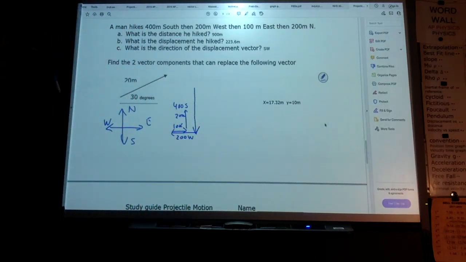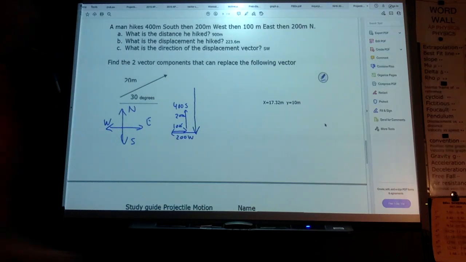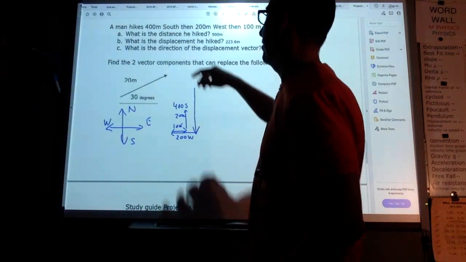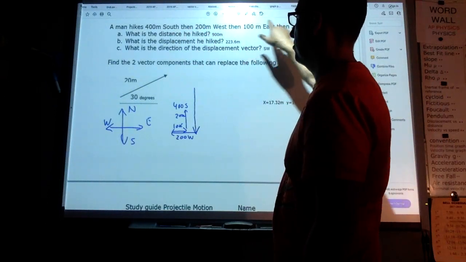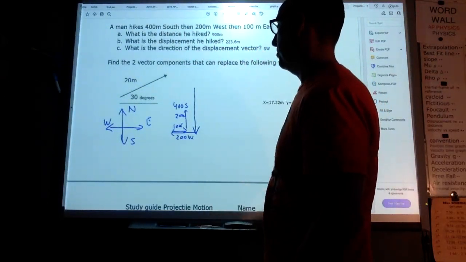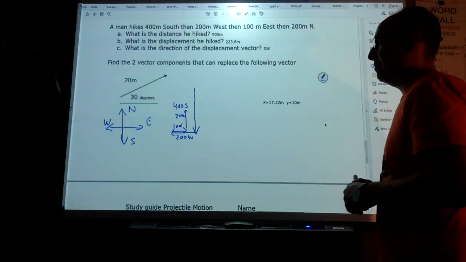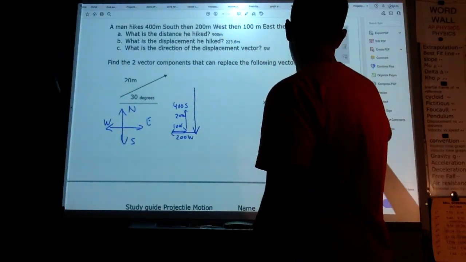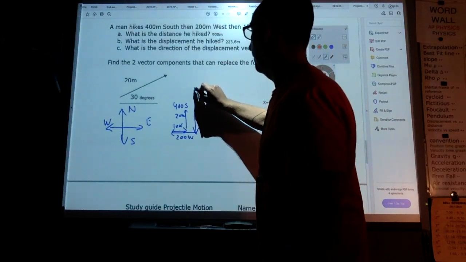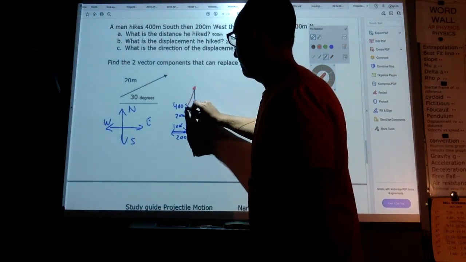What is the distance that I hiked? Well, the distance would just be these added together. So 400 plus 200 plus 100 plus 200 would be 900. The displacement would be the distance from there to there.